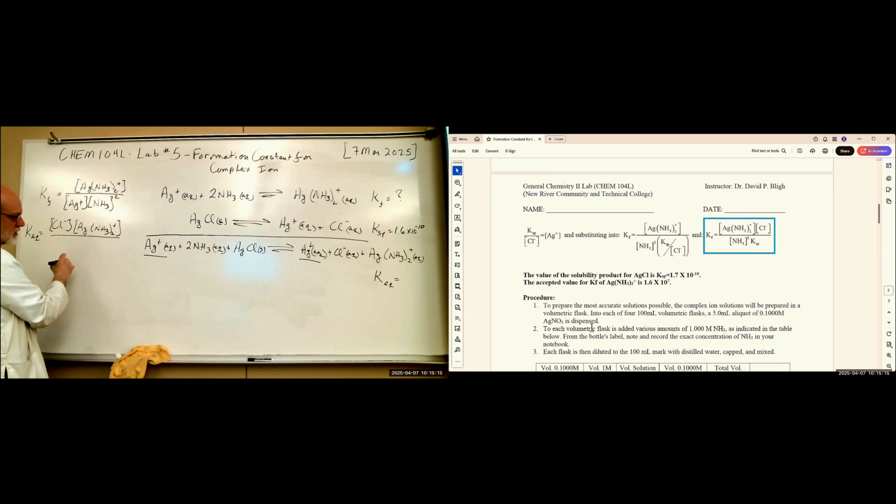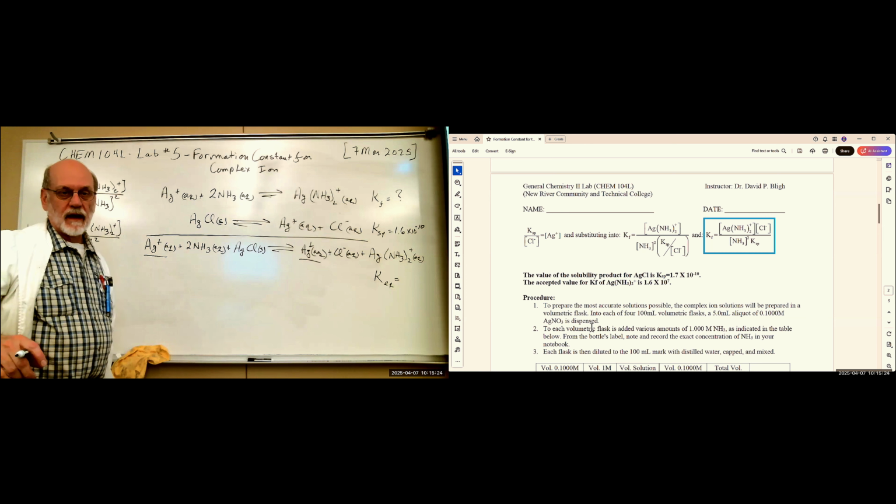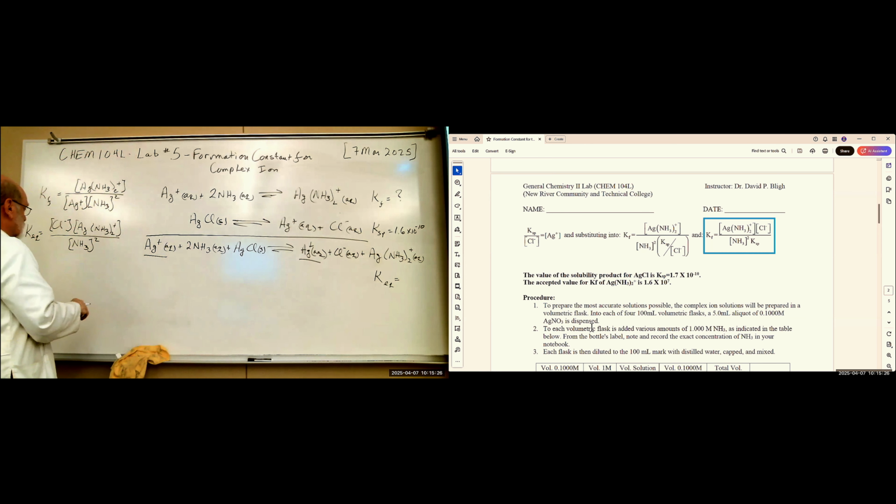And in the denominator, we've got ammonia. Okay. Here's the problem. That doesn't help us much because we still don't know what those values are.